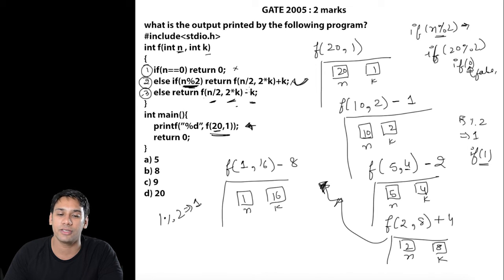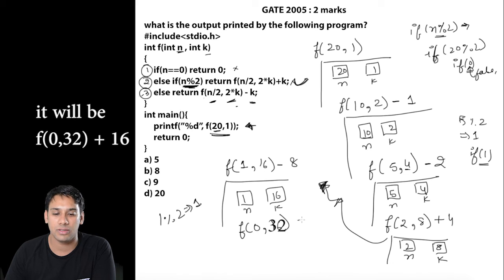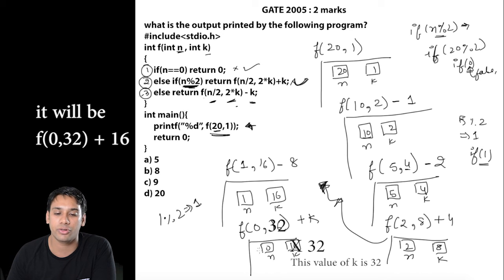Therefore we execute this return statement, which gives f of n by 2, that means 1 divided by 2, which is 0.5, and since n is an integer it only stores the integer part, 0. So it calls f of 0 comma 2 into k, and the value of k is 16, so f of 0 comma 16 plus k. Now it is going to calculate this value. The value of n is now 0 and the value of k is now 16. When n is 0, statement number 1 is executed and it returns 0.